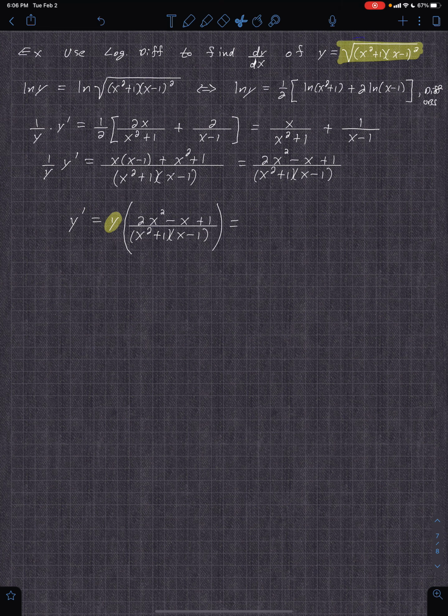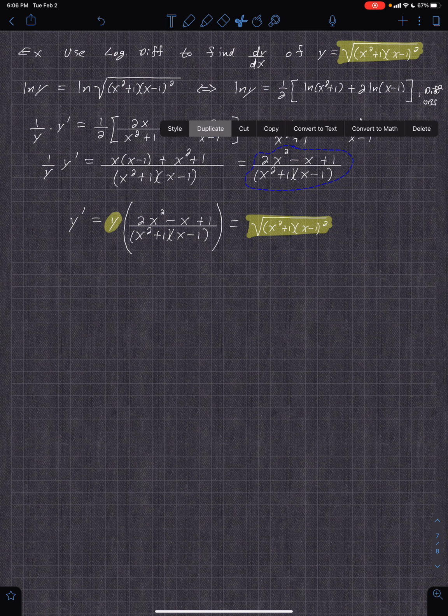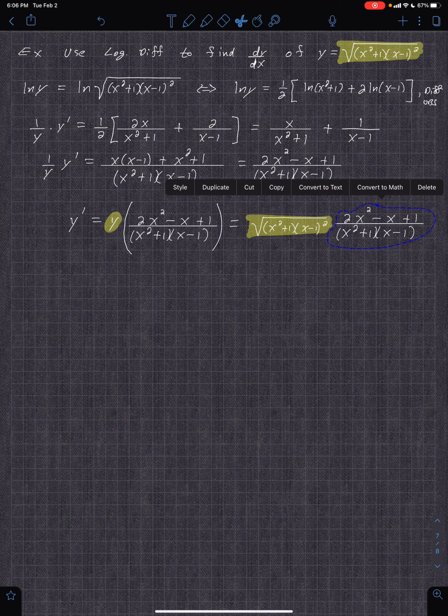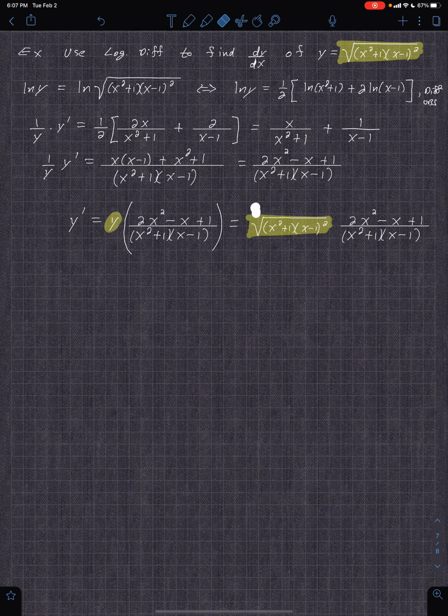Take that, duplicate it. That's going to go here. Take that, which I just copied, duplicate that, and that's going to be times that. Oh, I like how it does it. Okay, so I'm going to take off the highlight because it doesn't look good. Okay, so that's what I substituted like that.